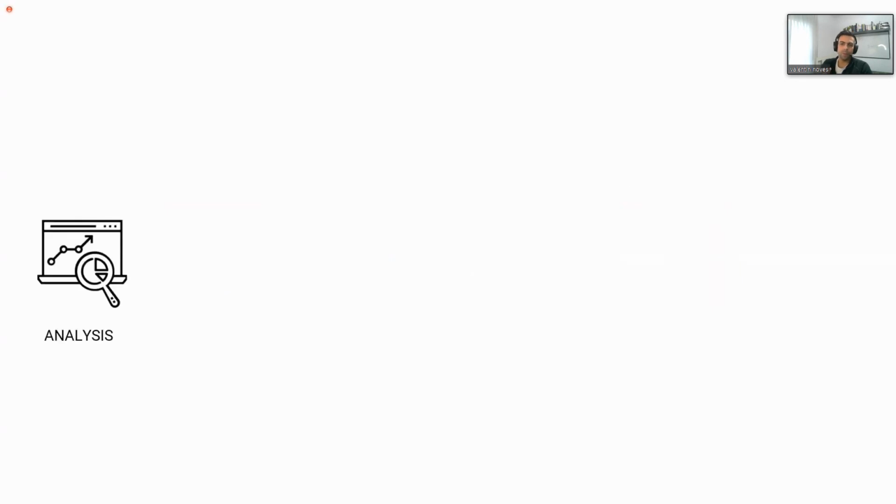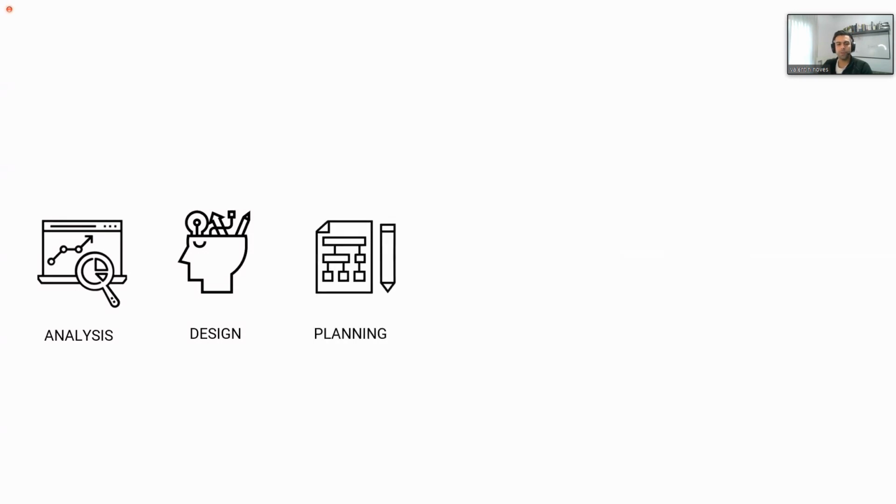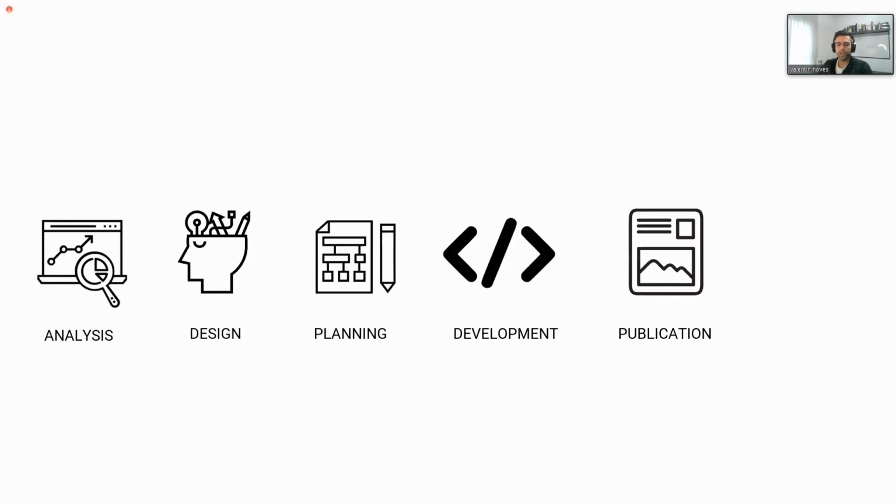We divided the way that we create any add-in into 6 phases. First, the analysis, then design, going through planning, development, publication of the add-in, and then getting feedback from the users. As you see, there is just one phase where you actually do coding.